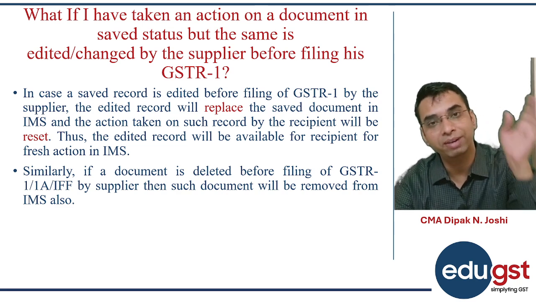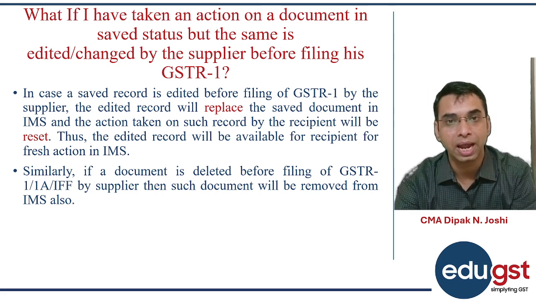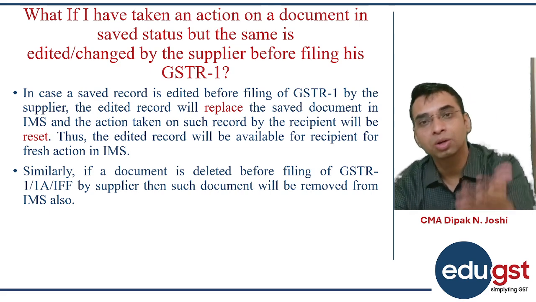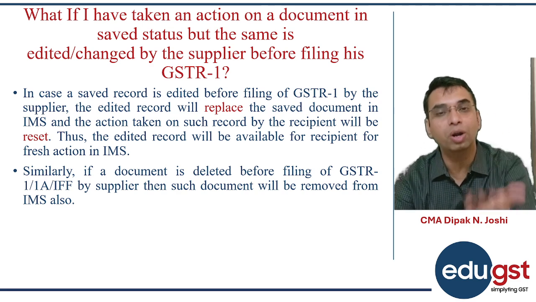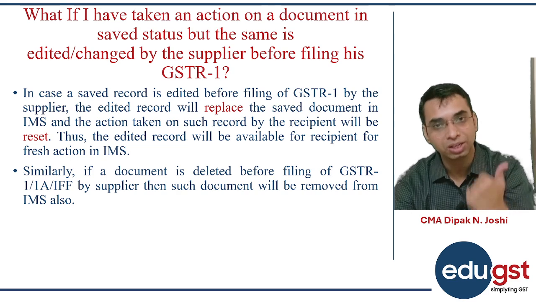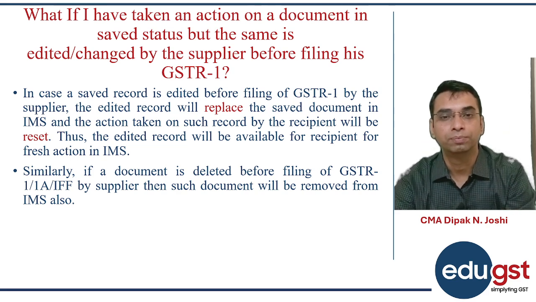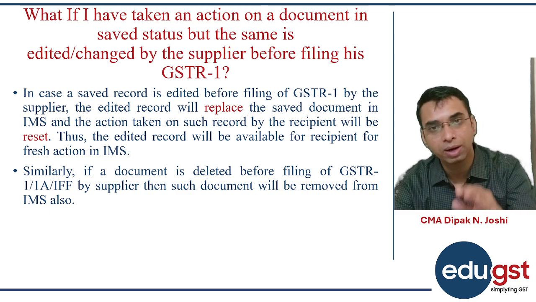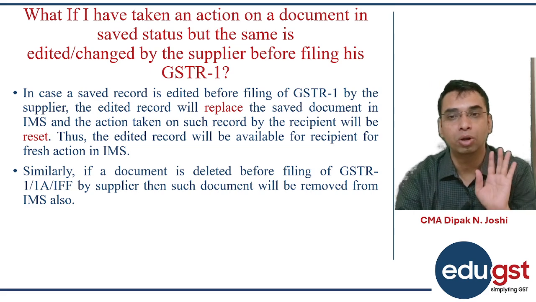Even if I have taken the action, the portal will reverse that action and replace the amended record over the original record. After replacement, that record is again available for me, the recipient, for taking any action. So your action will be reset and you are required to take a new action on that amended record.